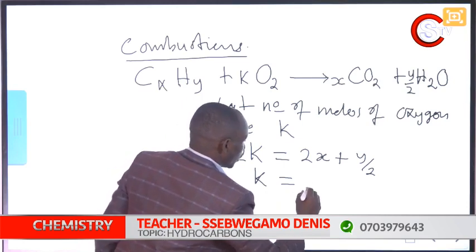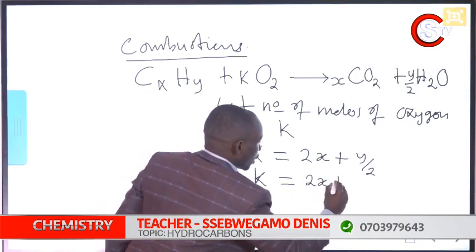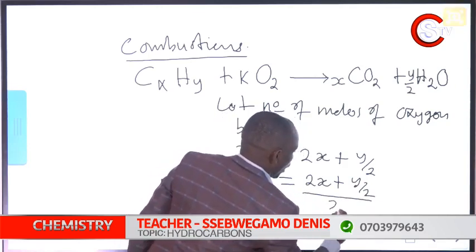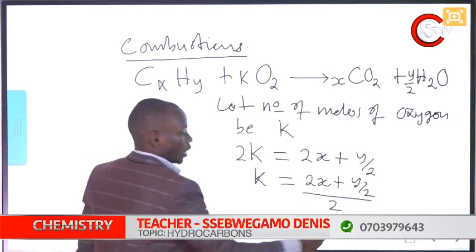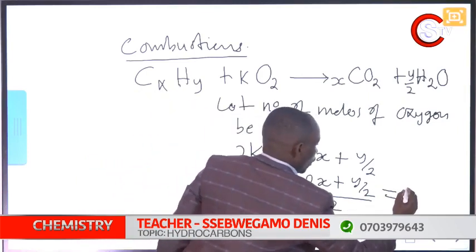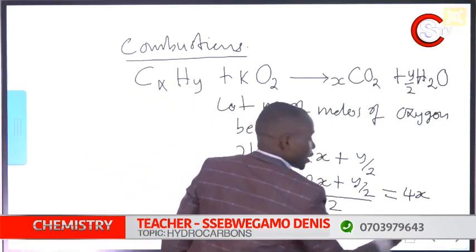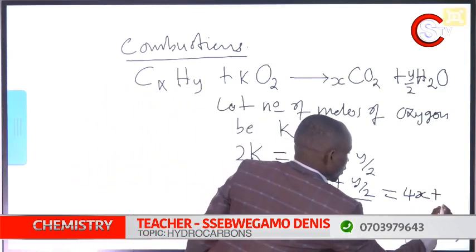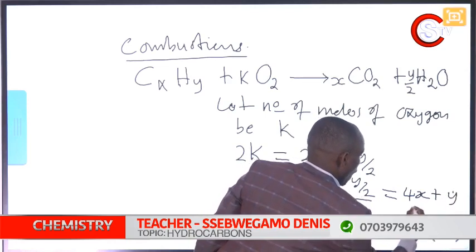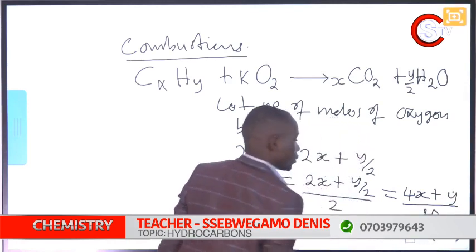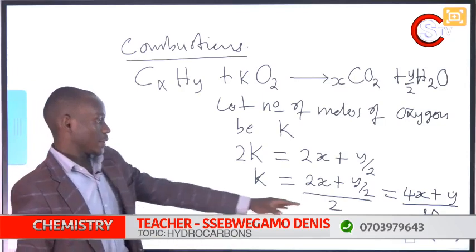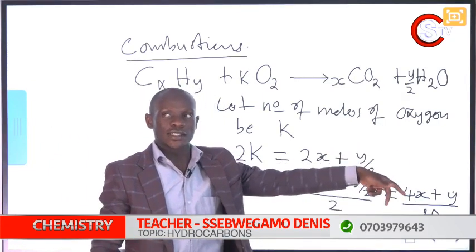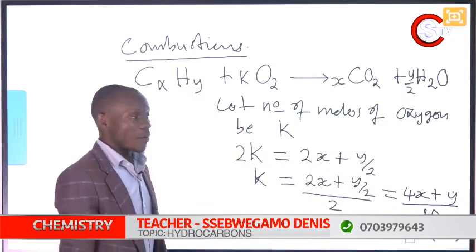I'll divide 2x plus y over 2 by 2, and I'll end up getting K equals x plus y over 4. So this makes the number of moles of oxygen that reacts with a hydrocarbon.